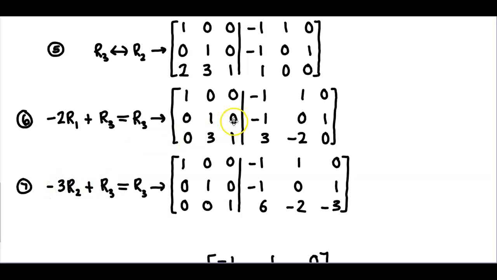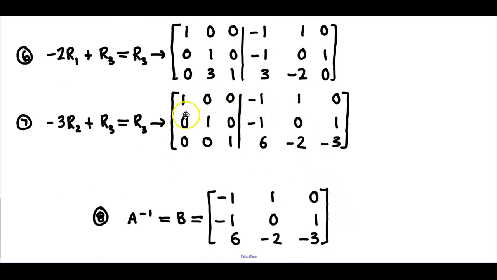Negative 3 times 0 is 0 plus 1 gives you 1. Negative 3 times negative 1 is positive 3 plus 3 gives you 6. Negative 3 times 0 is 0 plus negative 2 is negative 2. Negative 3 times 1 is negative 3 plus 0 is negative 3.